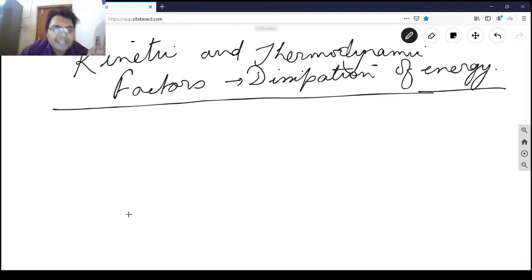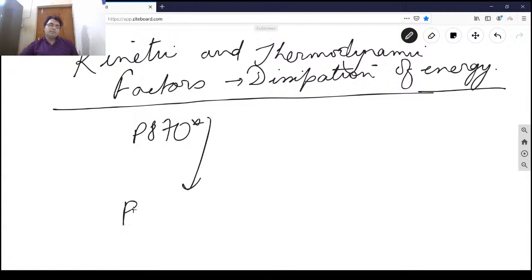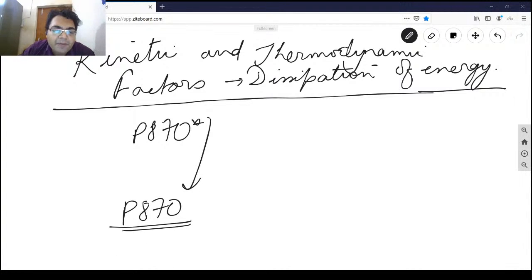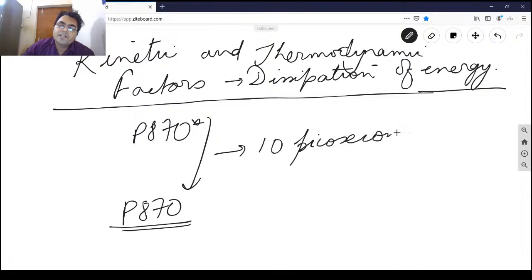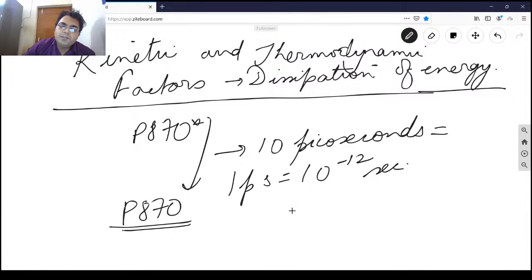It will not be transferring the electrons anywhere, it will go directly to its own ground state, and that decay would take a mere 10 picoseconds, where 1 picosecond is 10 to the power minus 12 seconds.